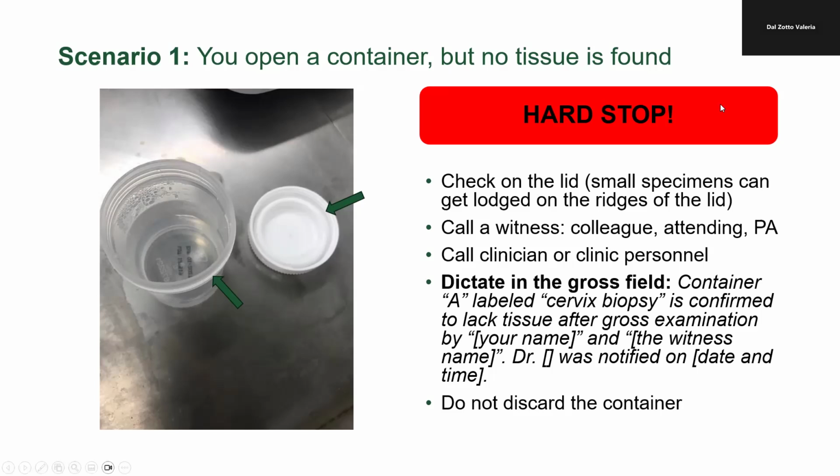And you have to dictate in the gross field that you didn't receive the specimen, your name, your witness's name, and the physician who was notified, and when. Do not discard the container. Put the lid inside, do not discard the formalin, and leave it in case the clinician may want to come back and inspect the specimen.